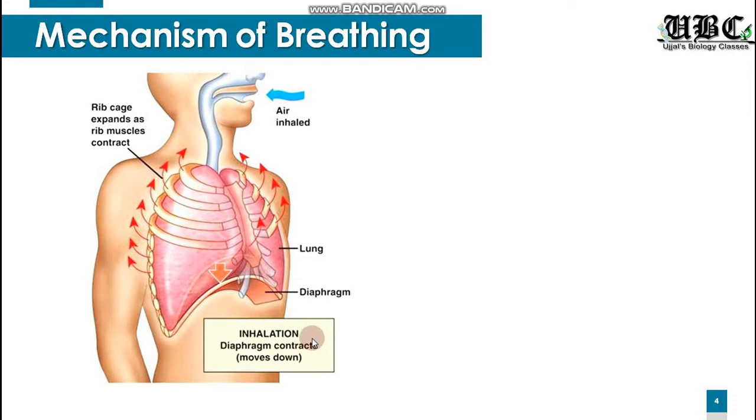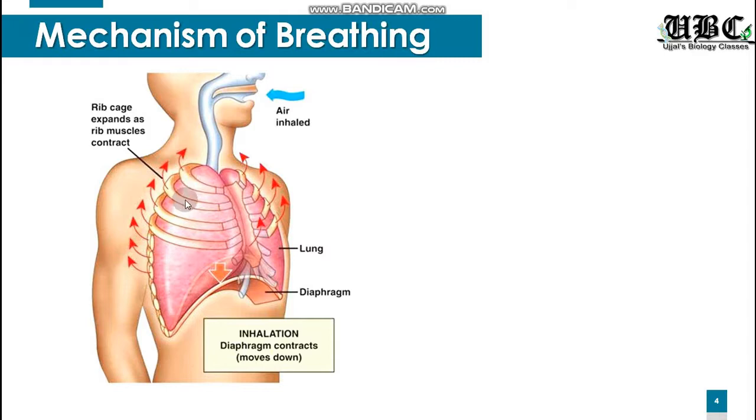What do you mean by inhalation? Inhalation is taking in air, that is, inhalation of air into the lungs. Now, what are the conditions which can help the air to come inside into the lungs?